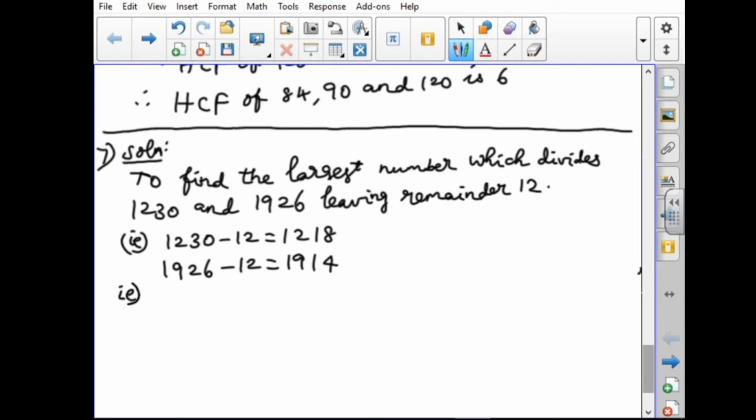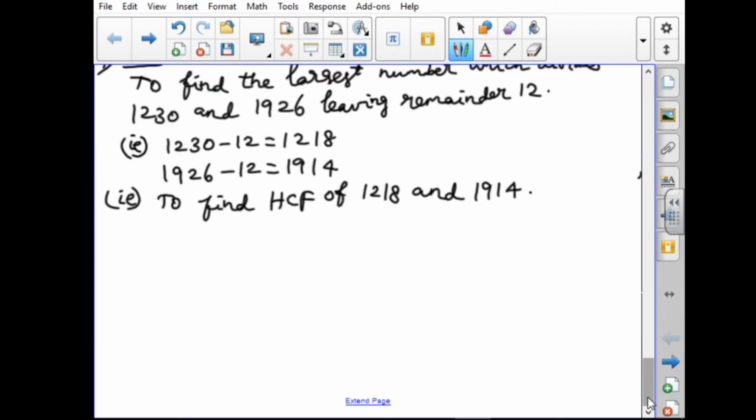That is, to find HCF of 1218 and 1914. The same method you have to follow here. Which is the greater number? 1914 is greater than 1218.